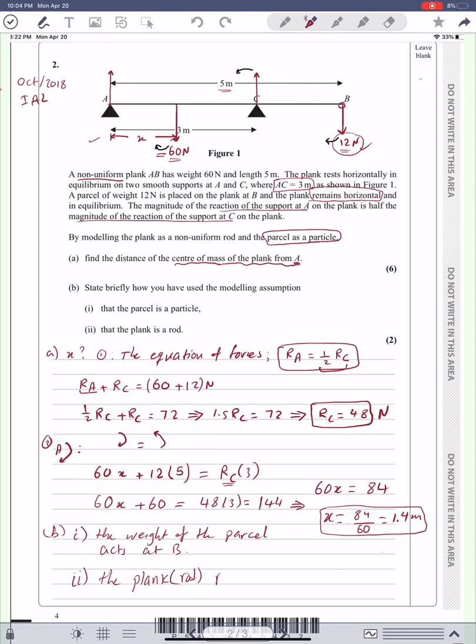Because it remains horizontal, or straight, you can say. The plank is a rod because it's a light, rigid body, solid. Okay.